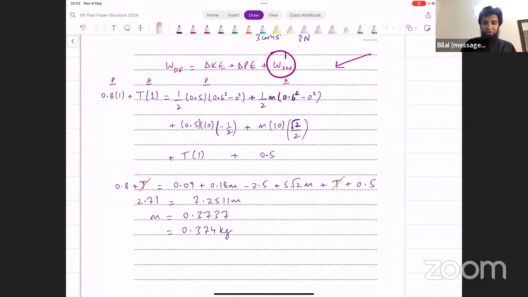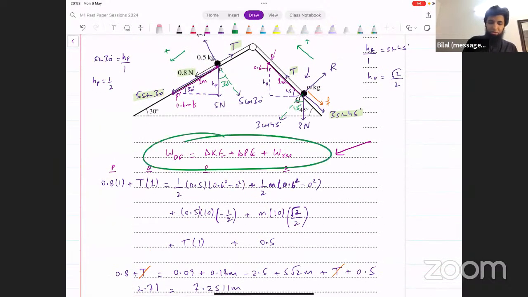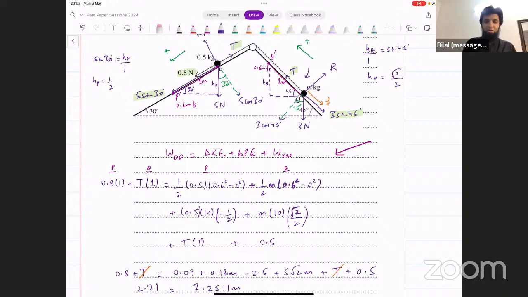Find their work done by driving force separately, their change in kinetic energy separately, their change in potential energy separately, because their heights are changing differently, their masses are different, their speeds are different. So we apply this equation on each particle separately. Work done by driving force for P and Q are considered separately here.